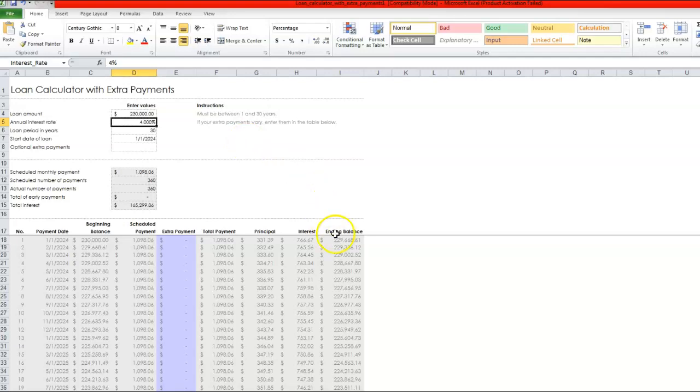Sometimes once you get to that $230,000, once you get a little bit lower than that, and you're at an 80-20 loan to value, you would be able to drop your mortgage insurance. However, we're not taking any consideration into mortgage insurance at this payment with my payment simulator.